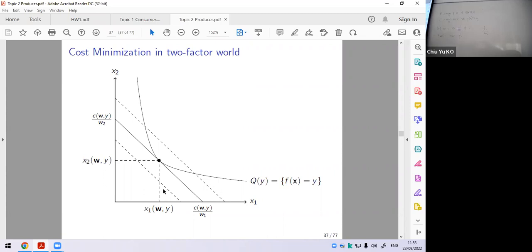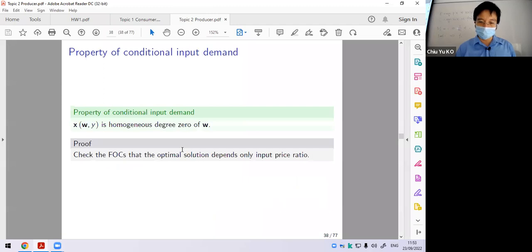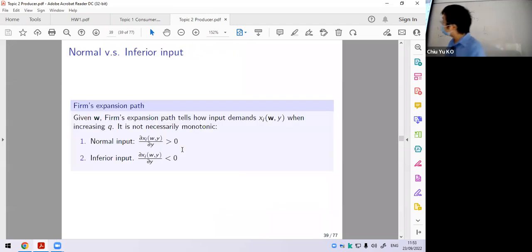So we just say, when the Q keeps going on, whether you would use more input or less input, okay? And if it increases, then it's normal, otherwise it's inferior, okay? And I do it because books define it.